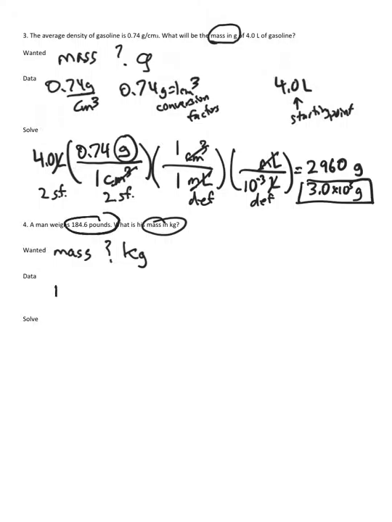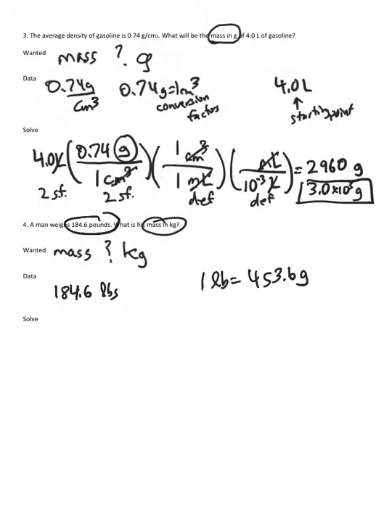We've got 184.6 pounds. So we go from pounds to kilograms. The conversion factor that I have is that 1 pound is equal to 453.6 grams.